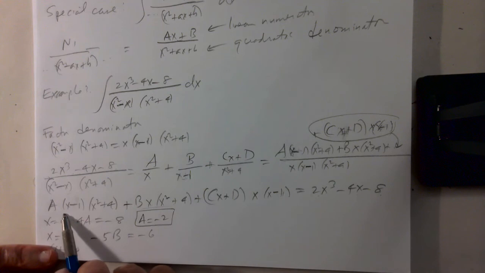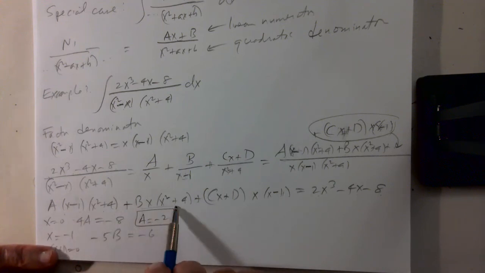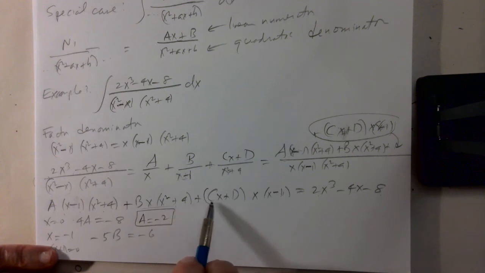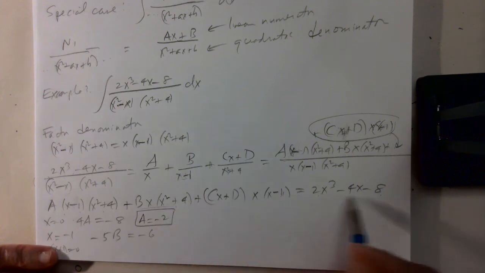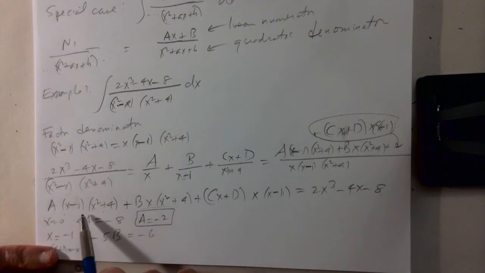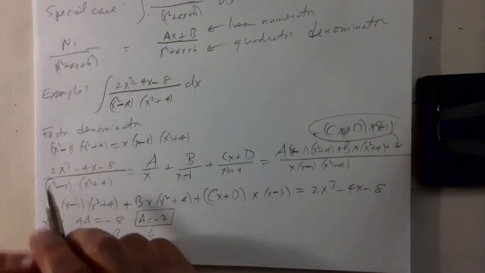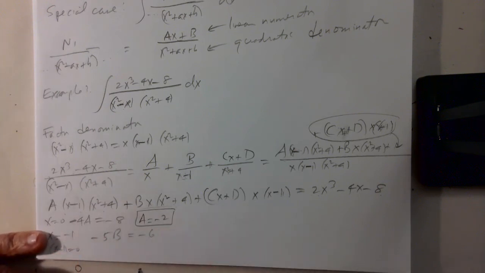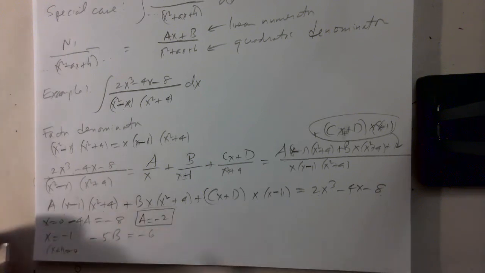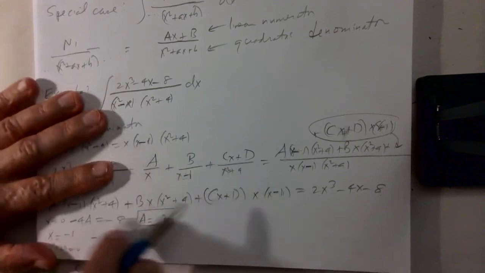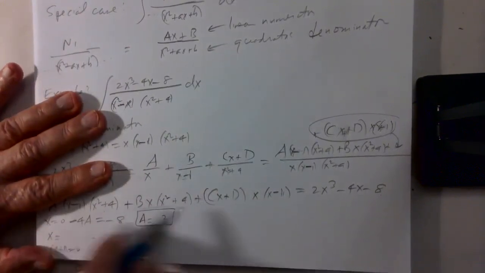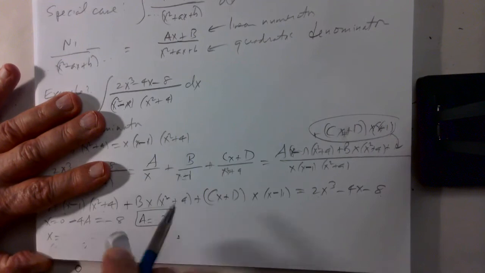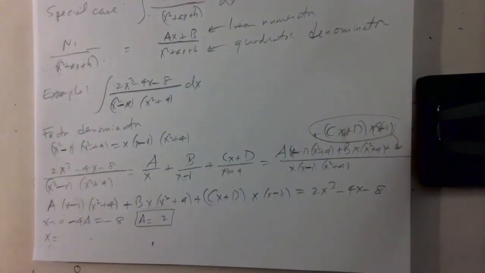So we get a times x minus 1, x squared plus 4, plus bx times x squared plus 4, plus cx plus d, times x times x minus 1 equals this. If you let x equal 0, I get minus 4a equals minus 8. So a is equal to 2.